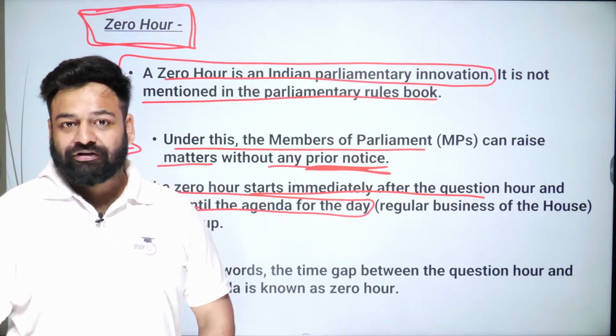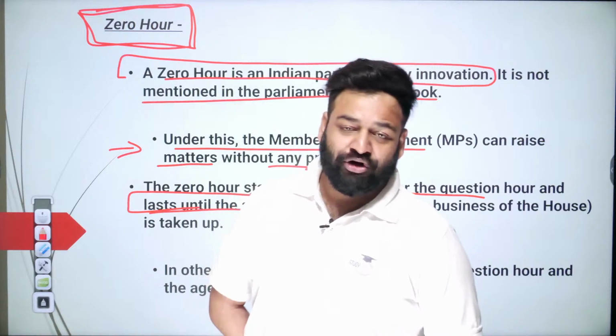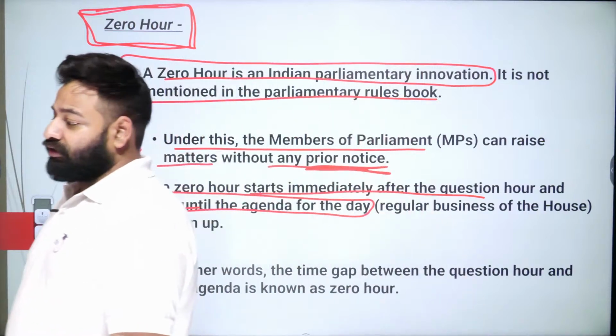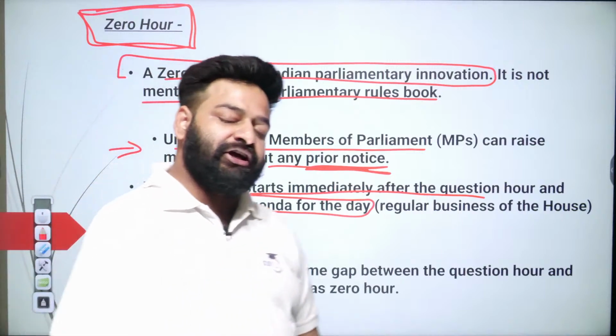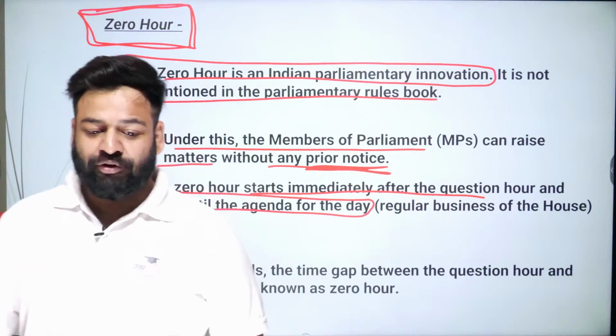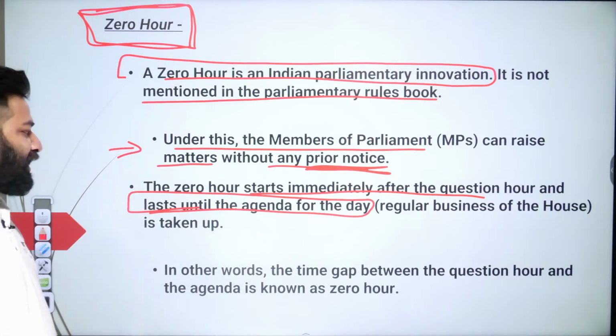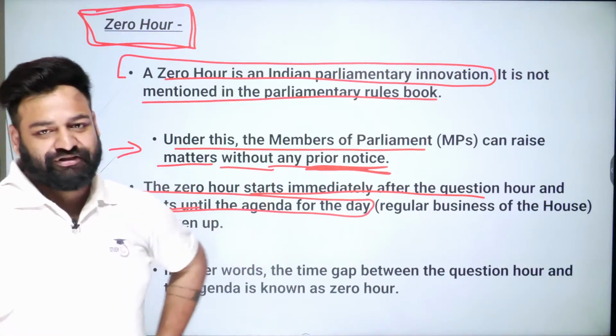Let's say question hour is just for 1 hour, but 0 hour could be for 1 hour, 2 hours, 3 hours, or it can take out the whole day even. So this is what 0 hour is all about, and no notice is given to the ministers.